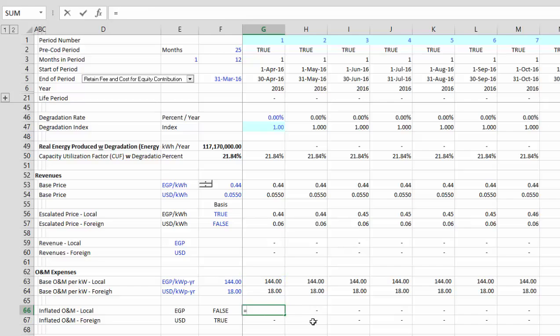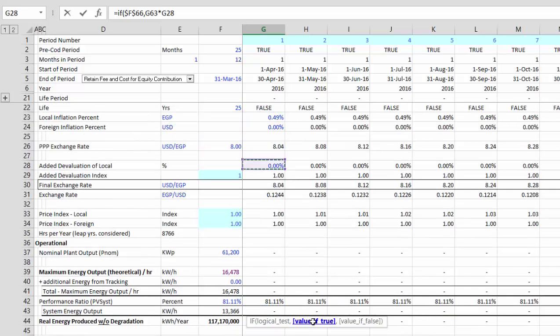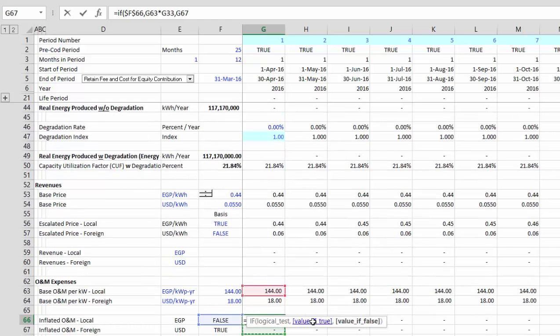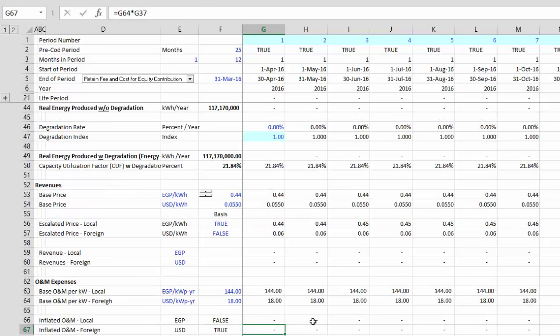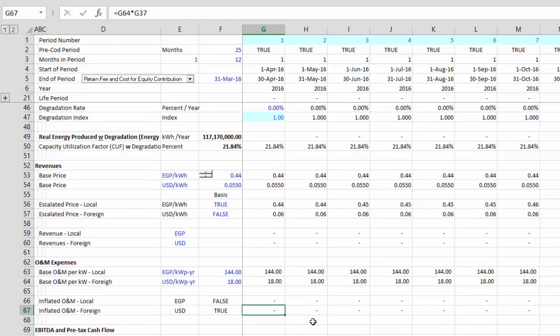So if this is true, then we take the O&M expenses and multiply it by our local index. Otherwise, we go down one and multiply the amount we pay, in this case in USD, times the exchange rate we'll have to pay. Now, if there's this revaluation and devaluation in the exchange rate, this could have an effect on things. Okay? And then we'll do the same thing here.